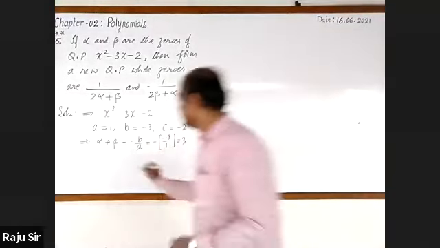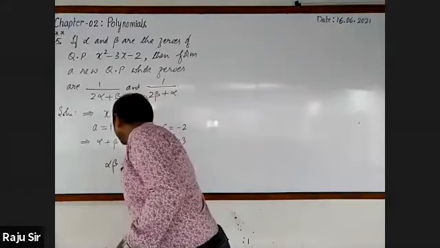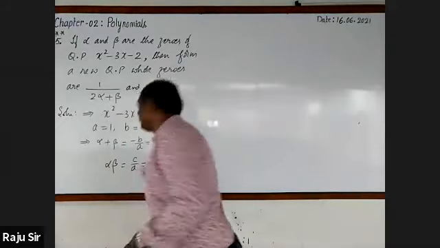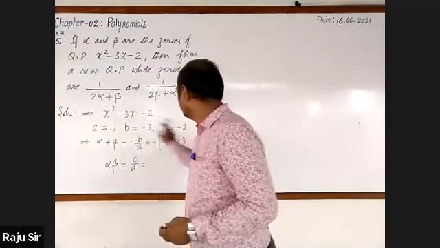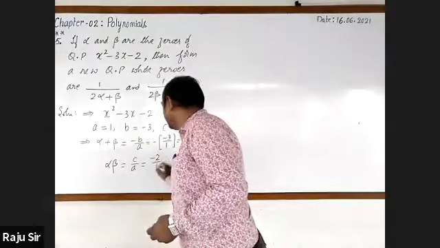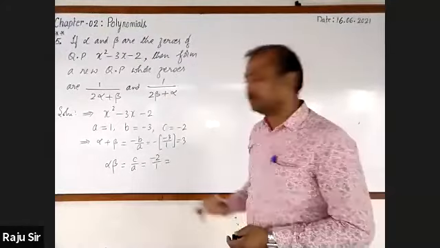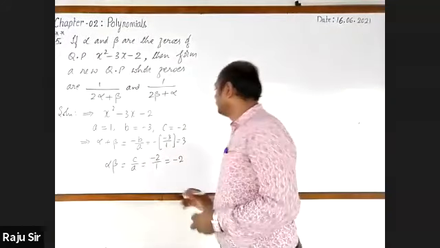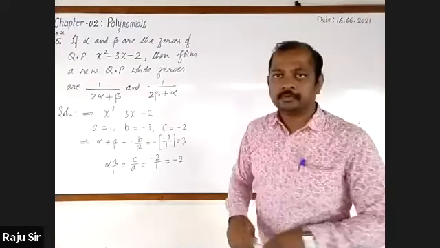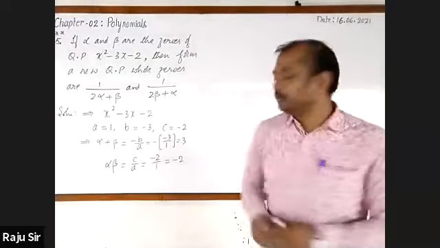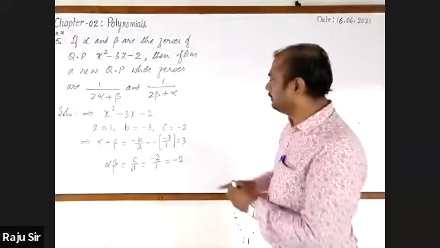Okay. Next, product alpha into beta. This is c by a, where c is minus 2 and a is 1. That is equal to minus 2. For the given polynomial, we have found out sum and product.